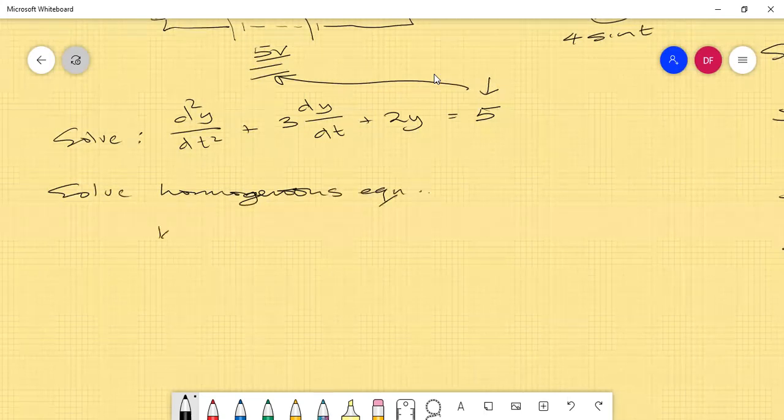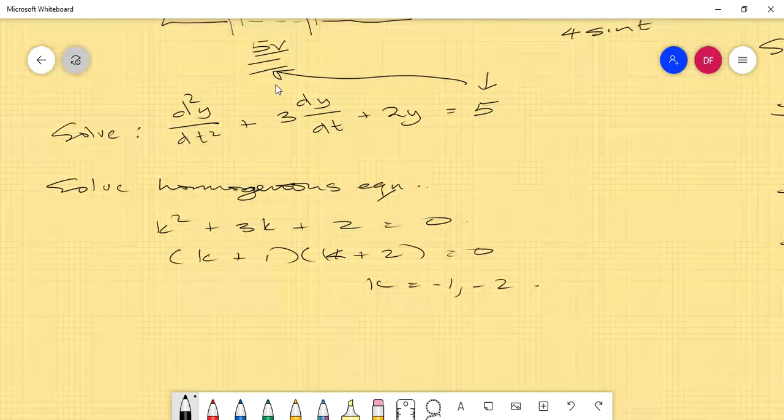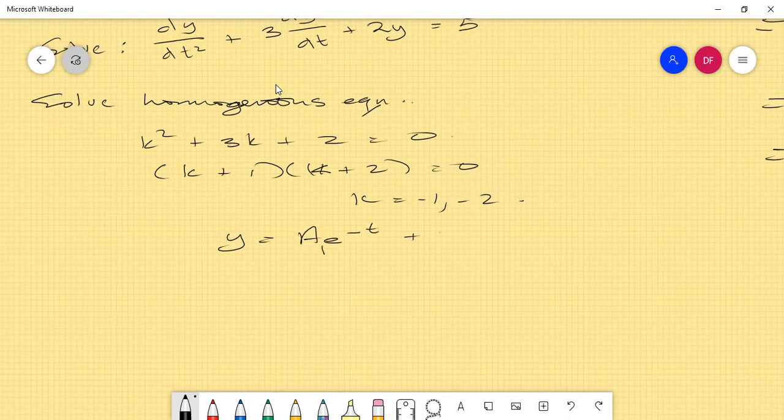So that would be k squared plus 3k plus 2 equals 0. Let me make up the problem. Therefore the solution there is y equals A1 e to the minus t plus A2 e to the minus 2t.